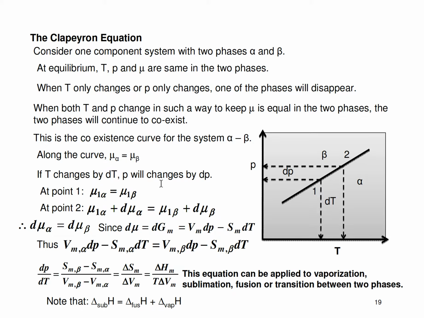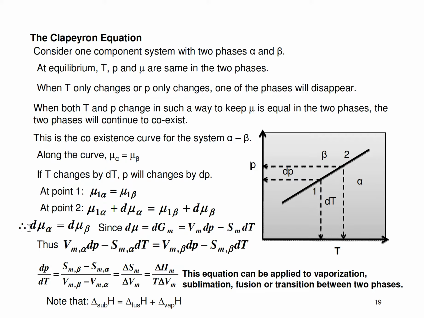Sorry, if T changes by dT, then P will change by dP. At point 1, mu 1 alpha equals mu 1 beta. At point 2, mu 1 alpha plus d mu alpha equals as follows here.